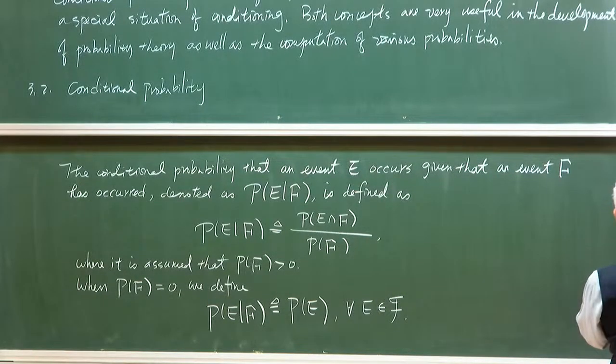Right, and in section 2.5 in the previous chapter, we considered a sample space consisting of equally probable outcomes.